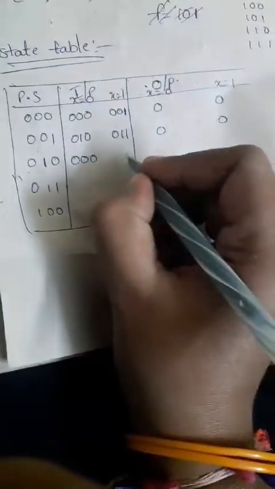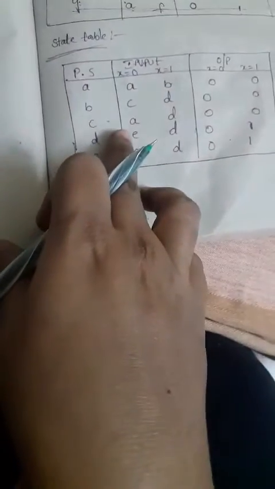Now coming to the third state, C, having AD and 00. A is 000 and D is 011, and again we have 00. Coming to D, that is ED with 01.